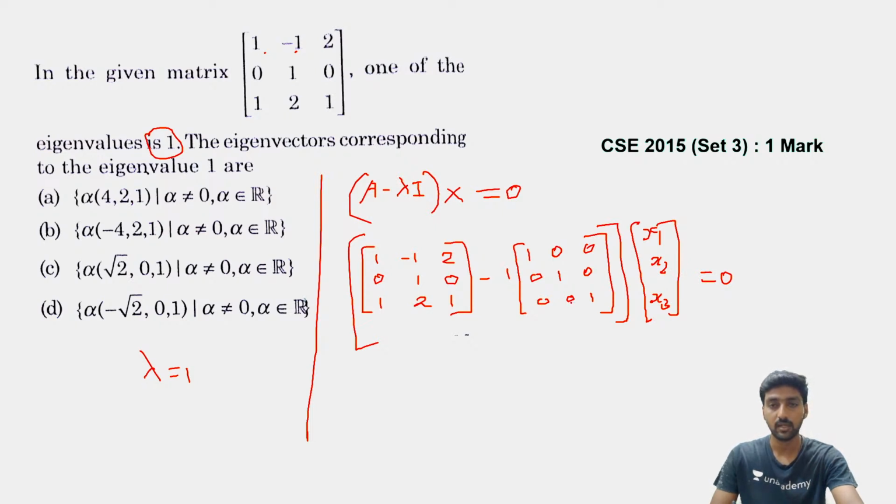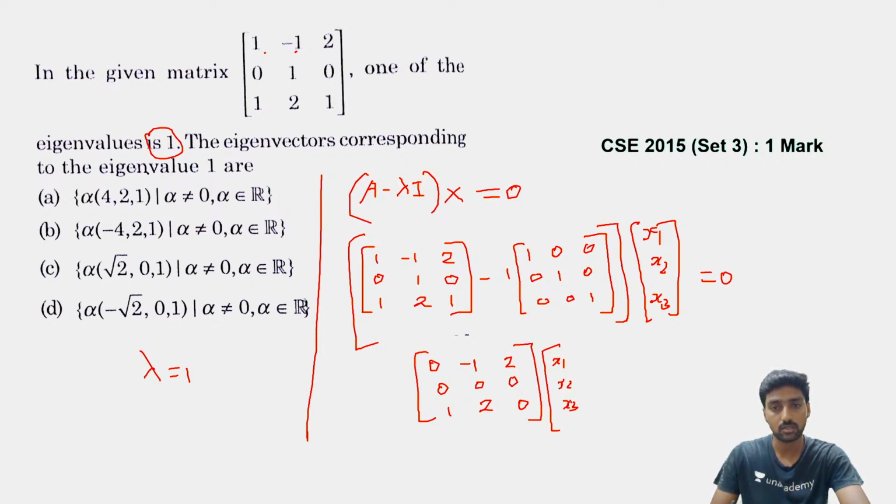Right? Now, subtract it. Then what are we getting? While subtracting, it's 0, minus 1, 2; 0, 0, 0; 1, 2, 0 into x1, x2, x3.